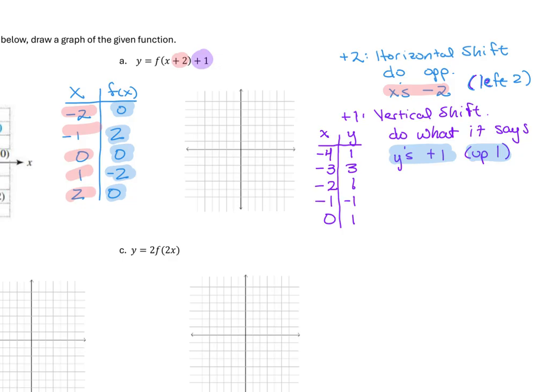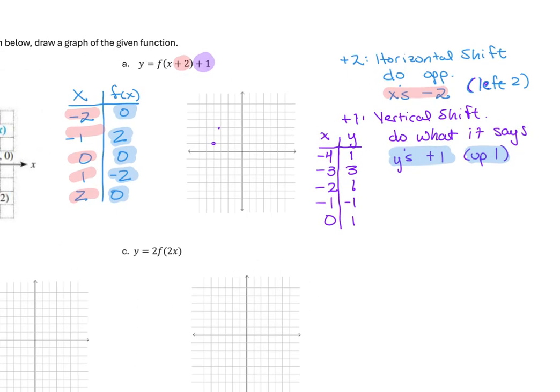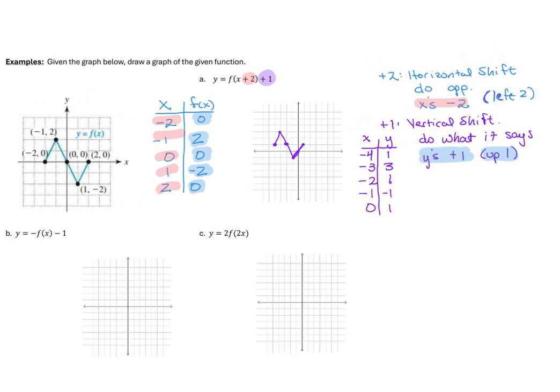All right, when we plot these, we have -4, 1. We have -3, 3. We have -2, 1, -1, -1, and 0, 1. We connect our dots, and we get this.